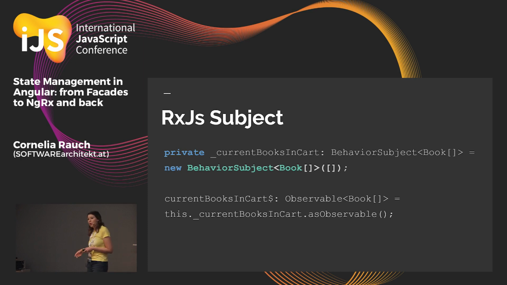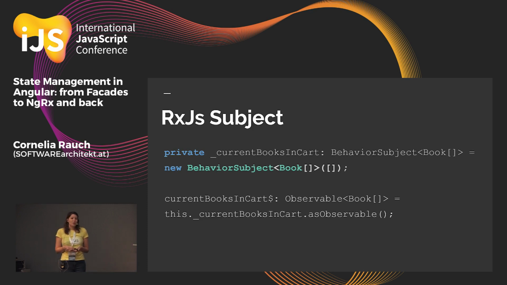Furthermore, the behavior subject is a special kind of observable which stores the latest value that is emitted to it. So if another part of the application subscribes to it, it gets the last thing that was emitted to it. So for managing our state, the behavior subject is perfect.